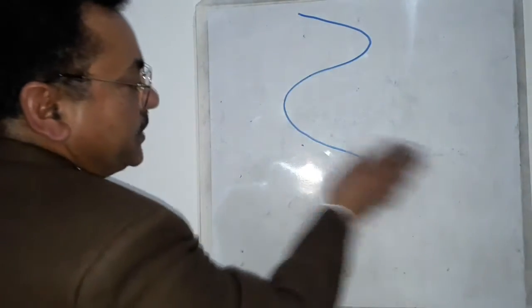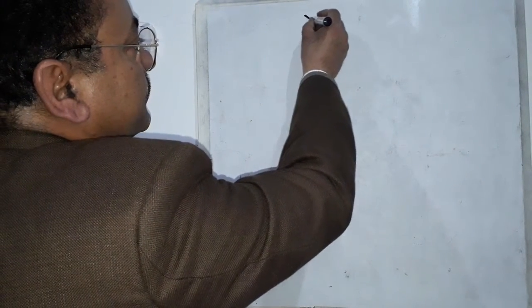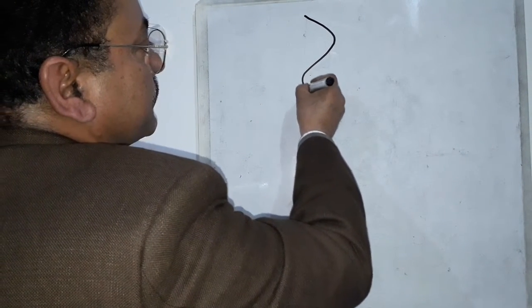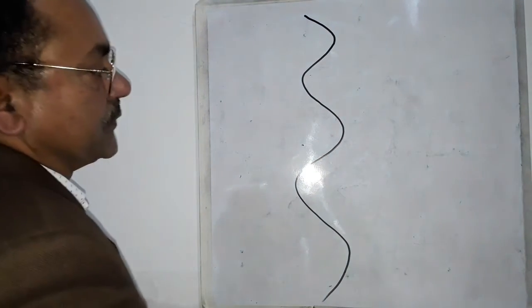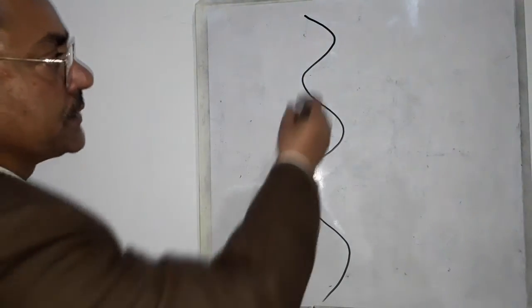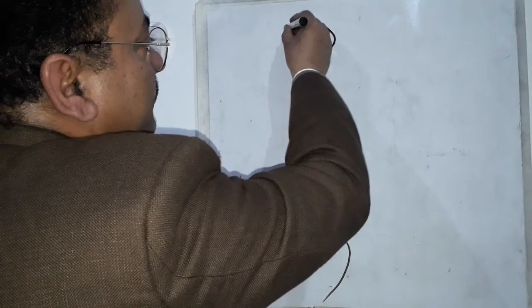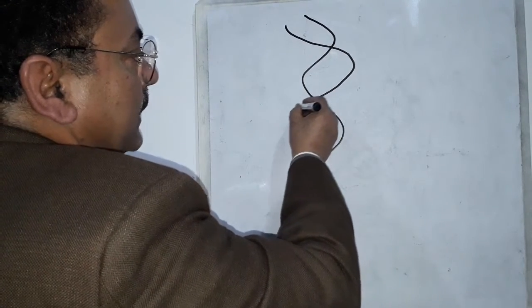Let me redraw it in order to consume a smaller amount of space. I'm drawing it like this. Suppose this is one of the two strands. The other strand will be drawn like this.